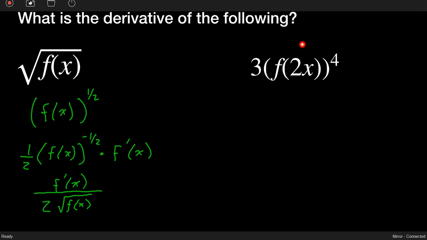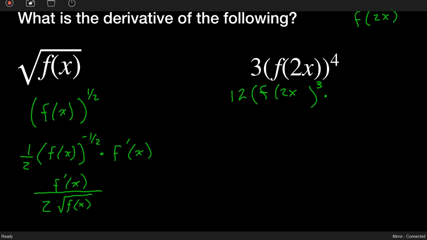Always start with the outside, and then the inside stays the same. All right, so the derivative of the outside is going to give you 12 inside part third power. Inside part stays the same. Times the derivative of the inside part.